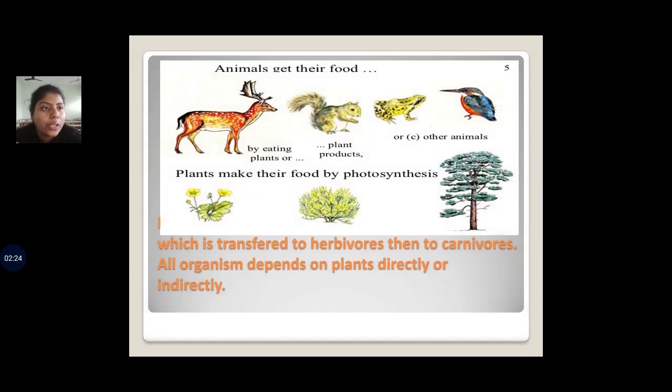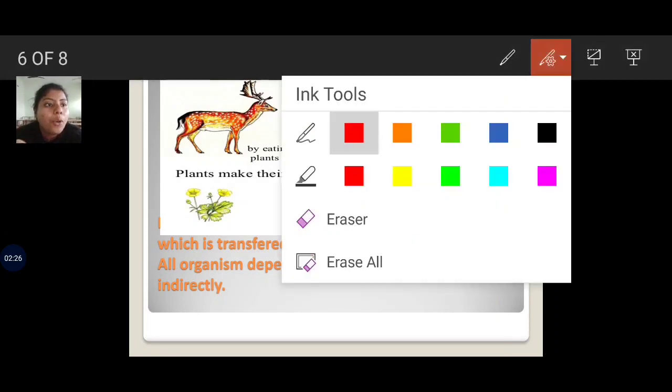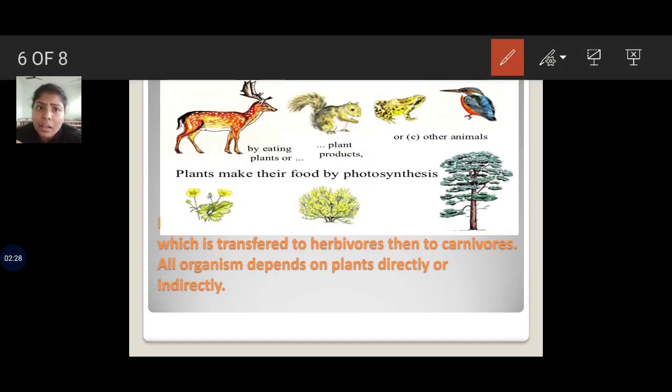What did I say? That the carbohydrate. Just recall the process of photosynthesis. The result of photosynthesis is C6H12O6. So this is the food of the plant that the plant produces after photosynthesis. And this glucose is somewhere utilized by the plant itself because it is its own food.